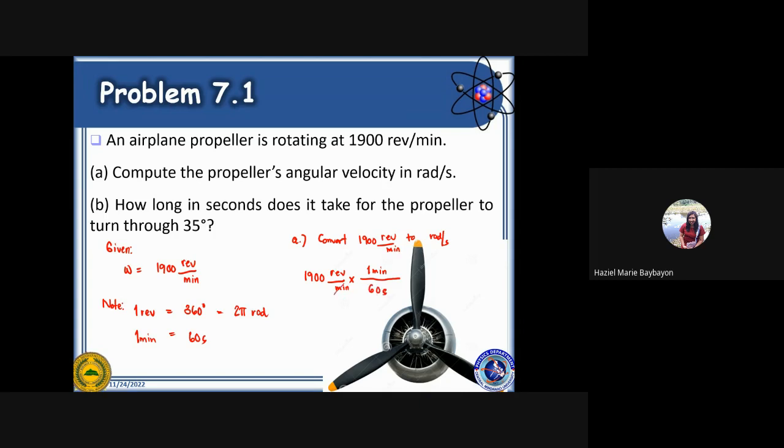So minute cancels out. And then here, 1 revolution is equal to 2 pi radians, so this will cancel out also. So, all we have to do is to evaluate: 1,900 times 1 times 2 pi divided by 60.